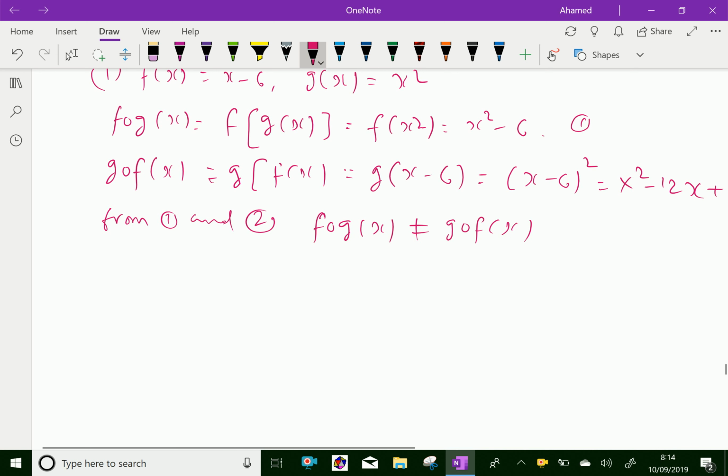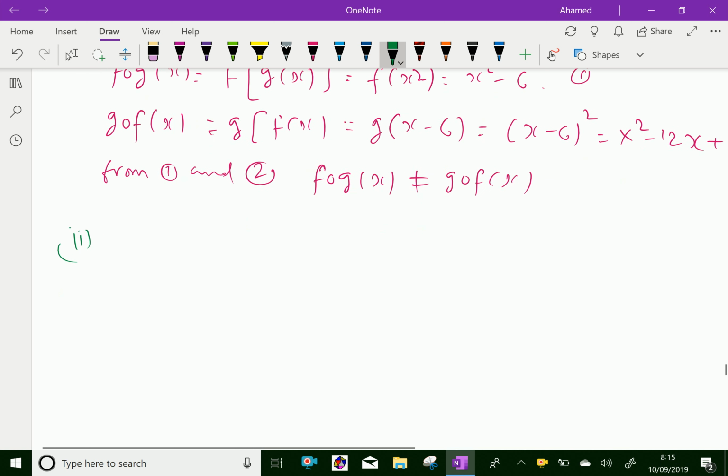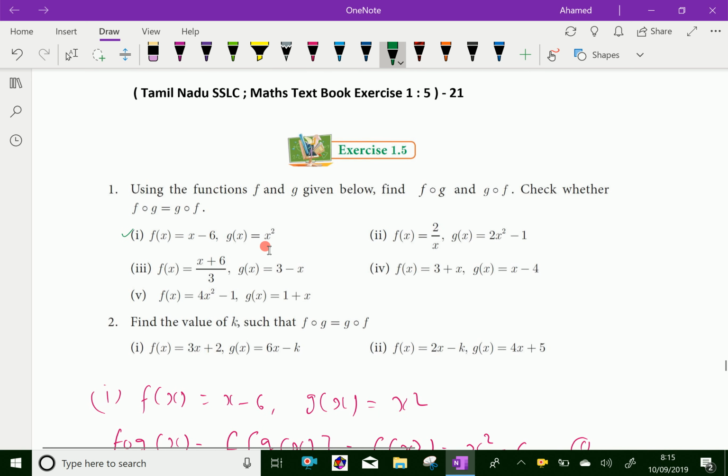Question number 2. Given functions f of x equal to 2 over x, g of x is 2x square minus 1.